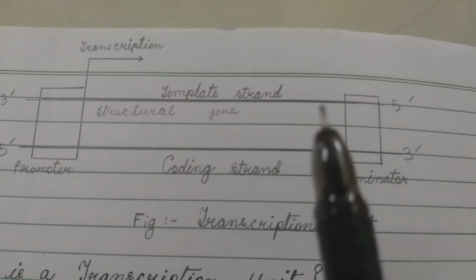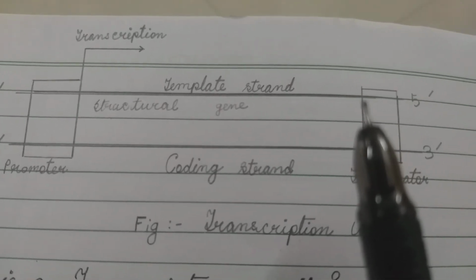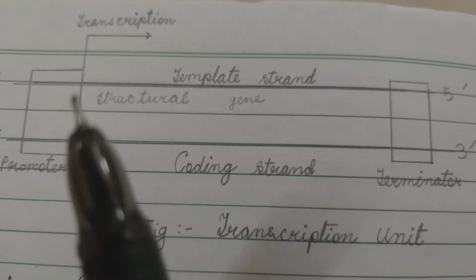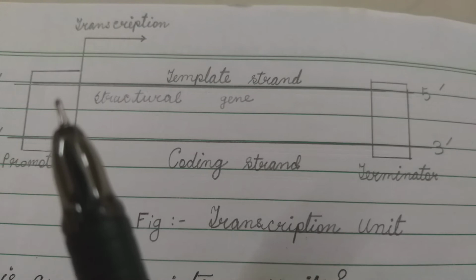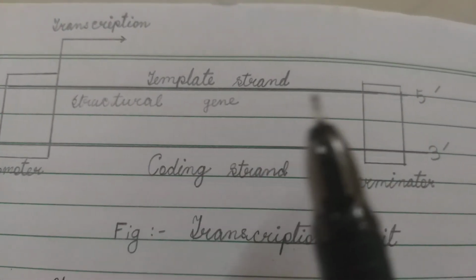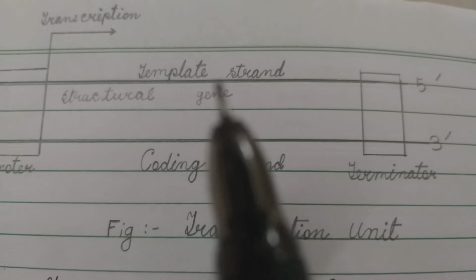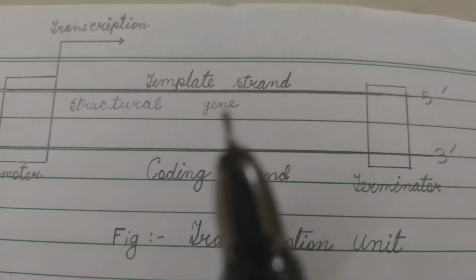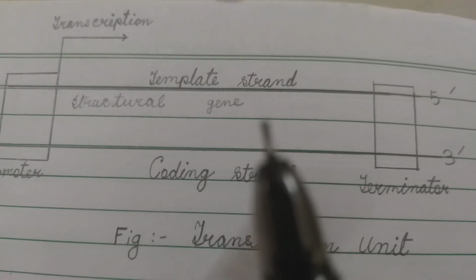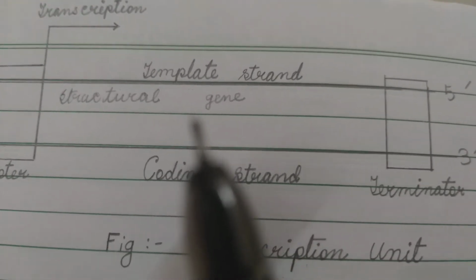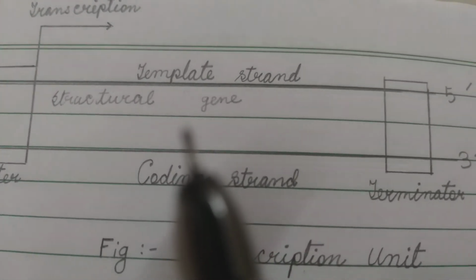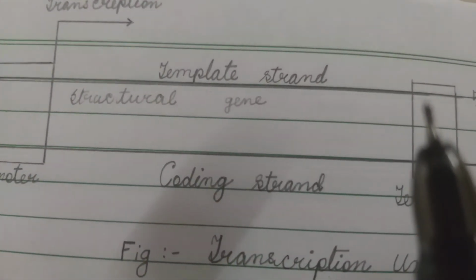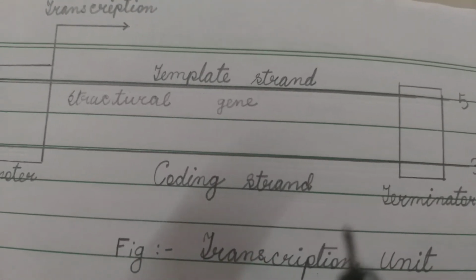The structural gene is the segment of the template which is transcribed into messenger RNA. It is the sequence of DNA which is transcribed into messenger RNA, and that messenger RNA will be translated into a polypeptide chain. So this structural gene is expressed in the form of a polypeptide chain.